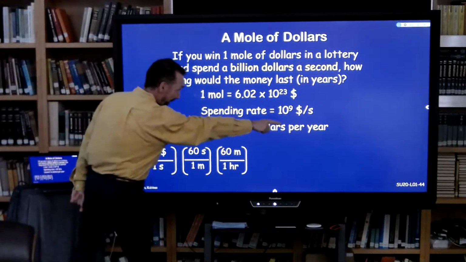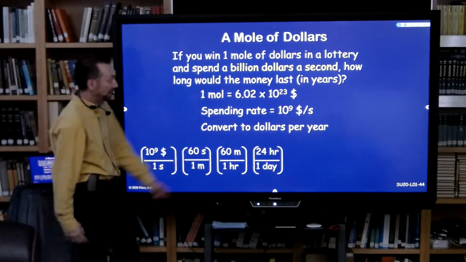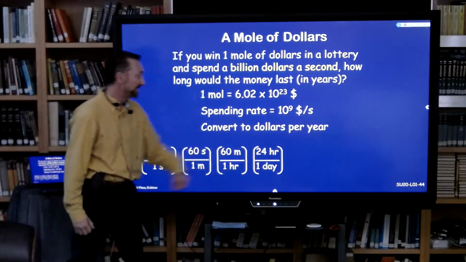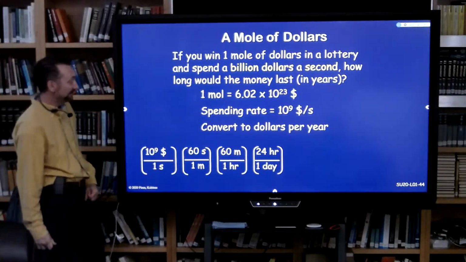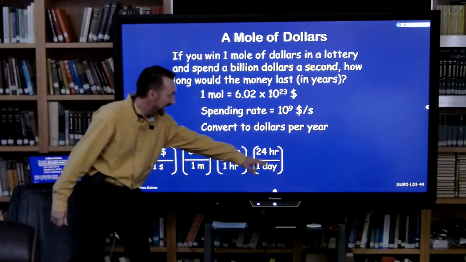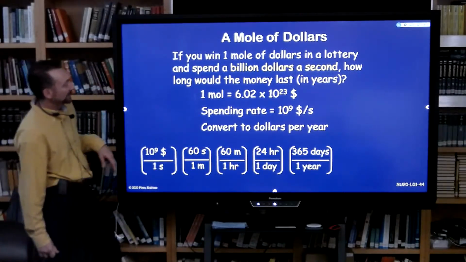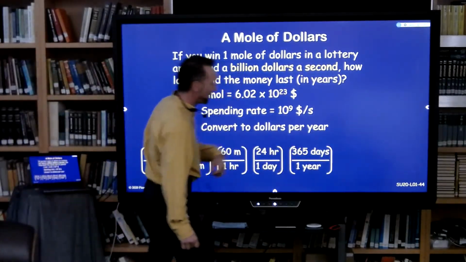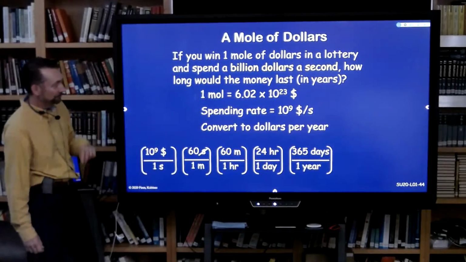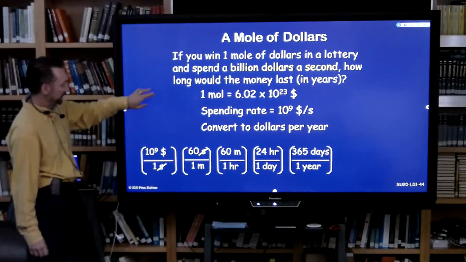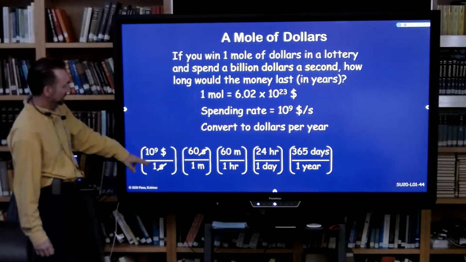We're trying to get to year, so we've got to keep going. There's 24 hours in a day. Now we're up to days. So we're in dollars per day by this point. Let's go to dollars per year with our 365 days a year and start canceling the units.